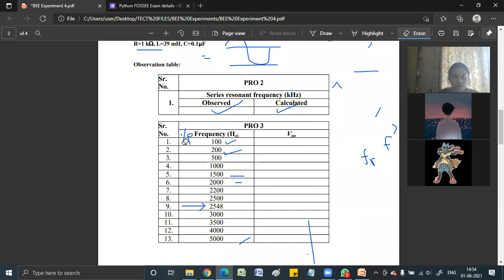Make this table. 2 more minutes, then we'll start off with Tinkercad.